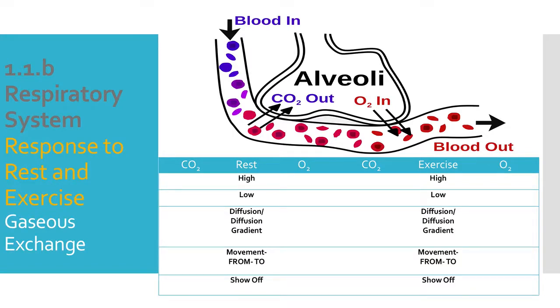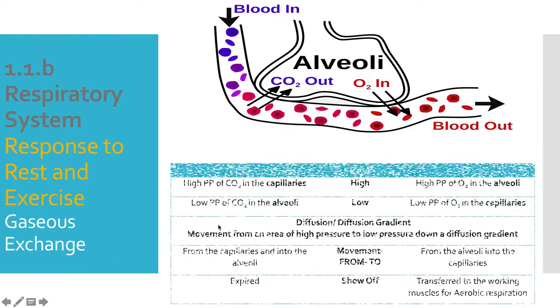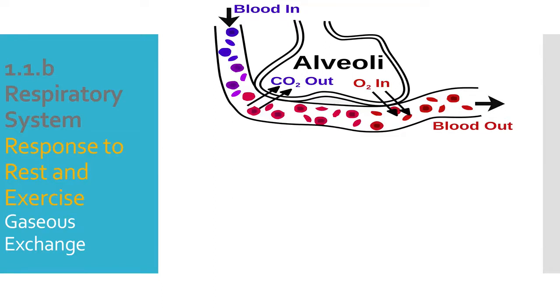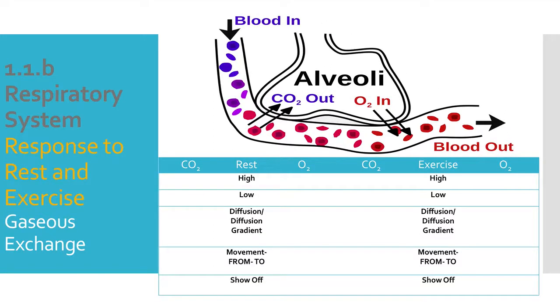Alright, so to start with then, if I start over here with CO2, I'm not going to click because I think it all comes up at once. It does. Okay, right, so I'm going to start with CO2. At rest, the partial pressure of CO2 is high where? Okay, well you should know therefore that that's in the capillaries. If I really want to show off, I might say why.